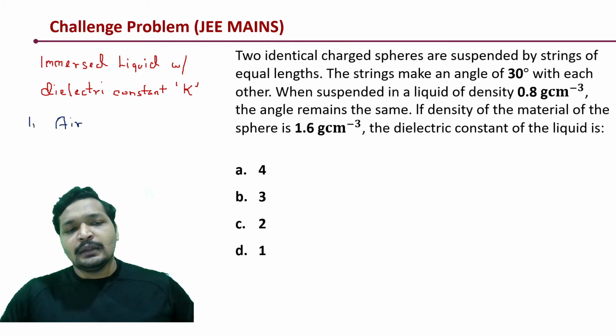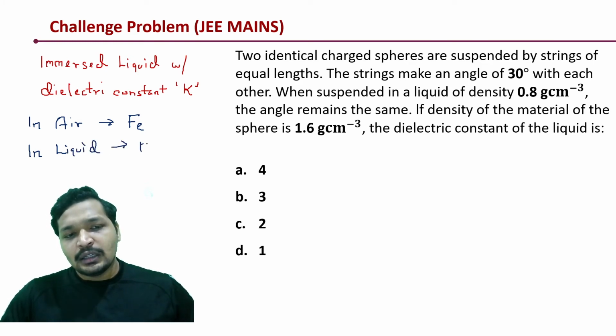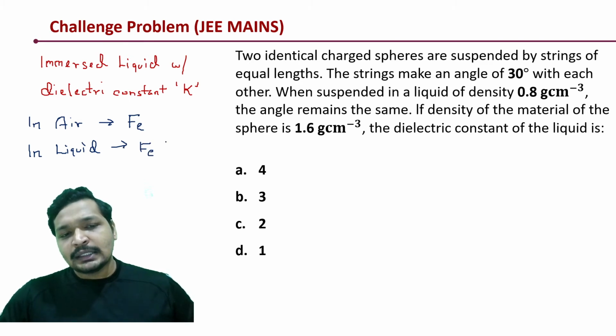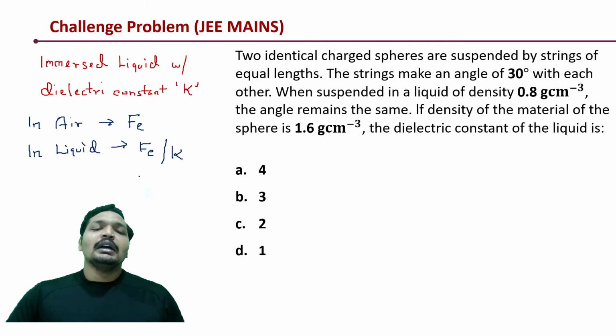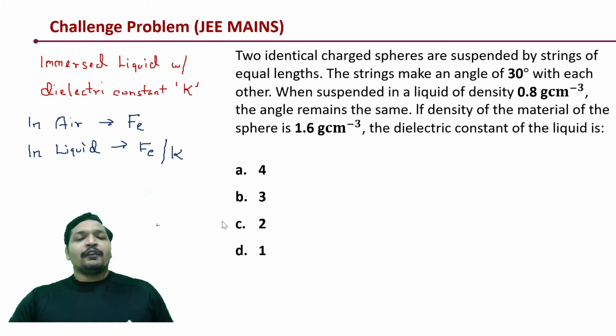In air, the electrostatic force between them was Fe. Now in that liquid, it reduces by how much? Like by n. In this case we use K. We did not use K in that case because it gets messy and we tend to confuse it with the Coulomb's constant.